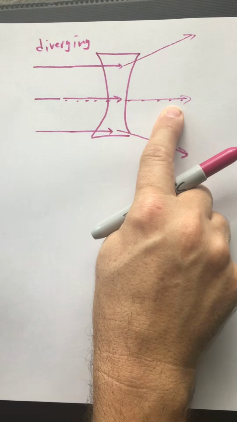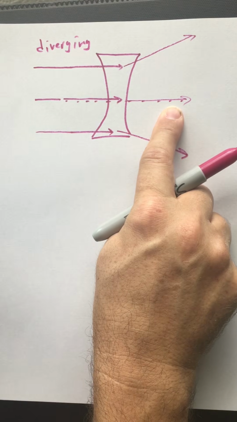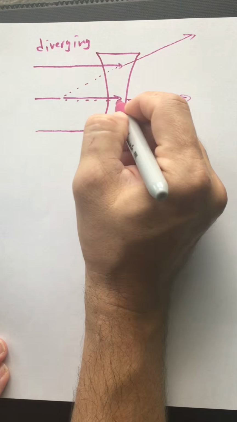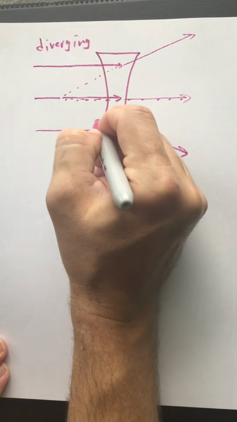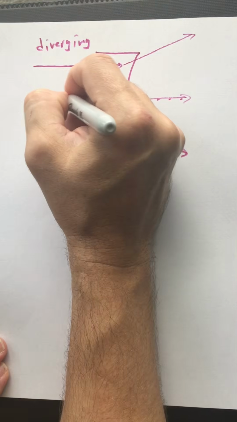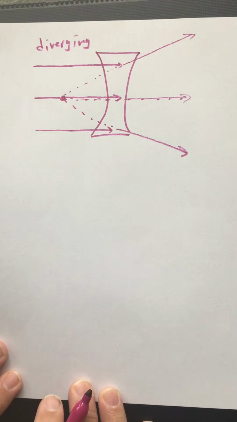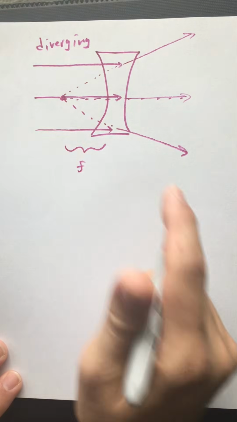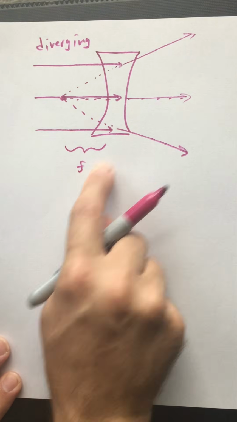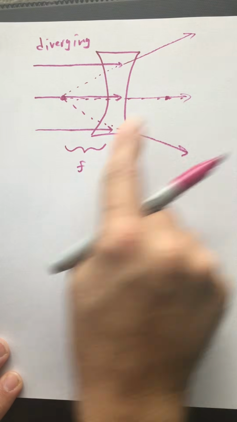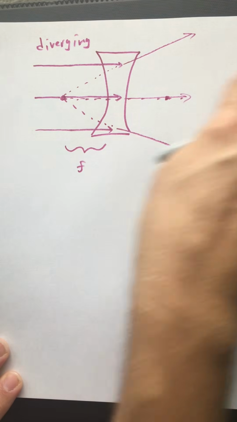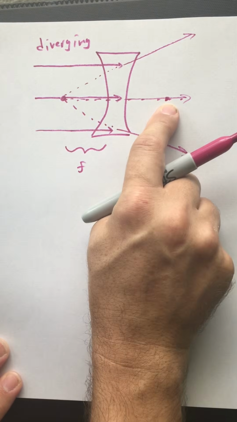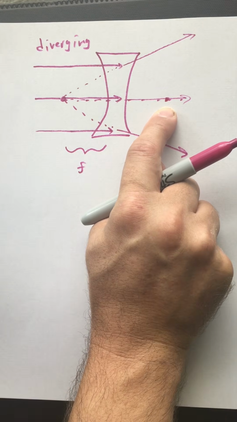So there's clearly not a focal point over here, but if I trace these backwards, they will converge on this side. So I can define a focal point over here and a focal length. Of course, there's one over here because I could just flip this around and put in the light from this side and it would diverge to the left, but I could trace it back and find a focal point to the right.